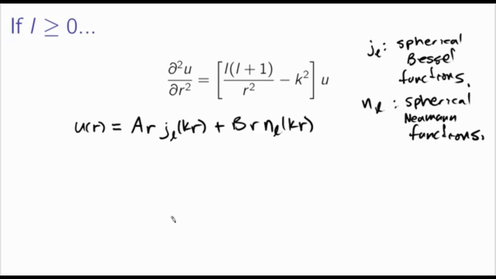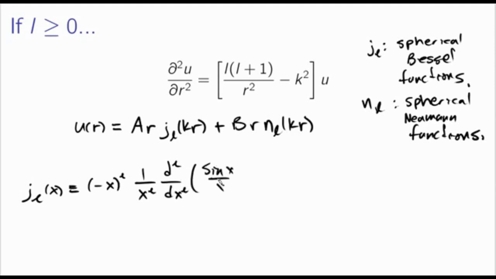But for our purposes, since it is useful to be able to calculate these things, the simplest way of writing them down is that j sub L, the spherical Bessel function, treated as a function of some variable x, you can think of as defined as (minus x)^L times (1 over x times d/dx)^L of sine of x over x.